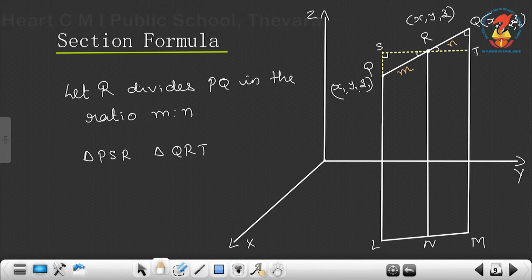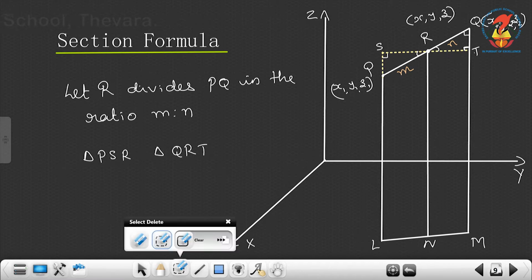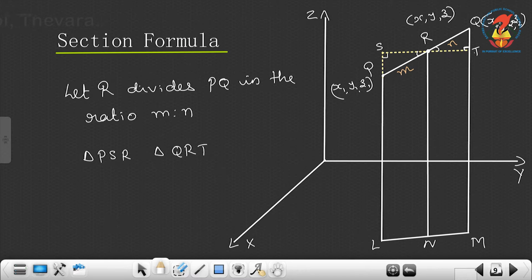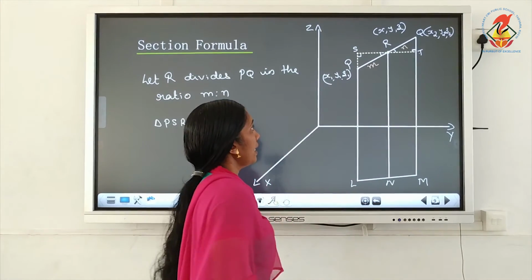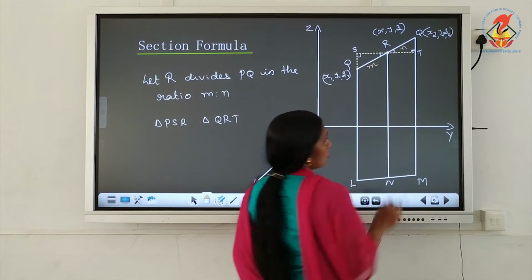Angle S is 90, and angle T is 90. Now angle SRP and angle QRT are vertically opposite angles, so they are equal. Angle S and angle T are also equal.